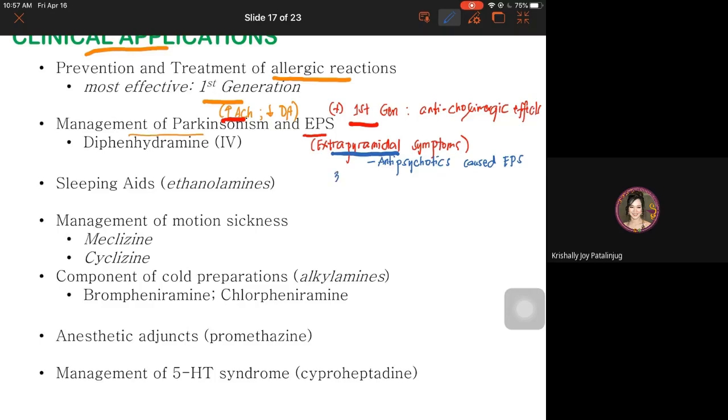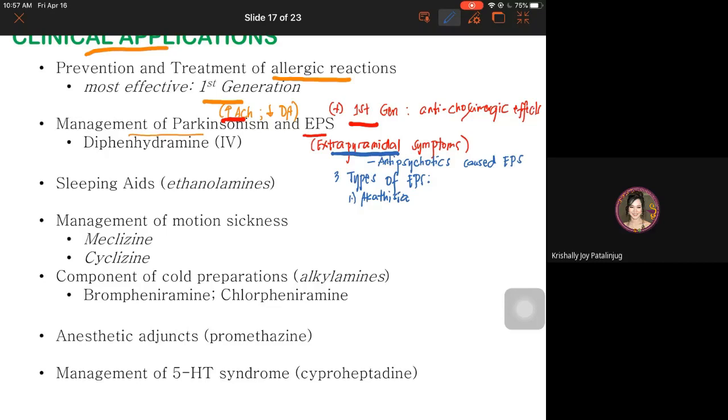We have 3 types of EPS, natay tulo ka manifestation nga makita, extrapyramidal symptoms that is caused by antipsychotics nga drugs. Una, we have akathisia. Ang akathisia, kana bitong uncontrollable nga motor movements, uncontrollable restlessness, kanang di kapuyo, sige maglihok-lihok.